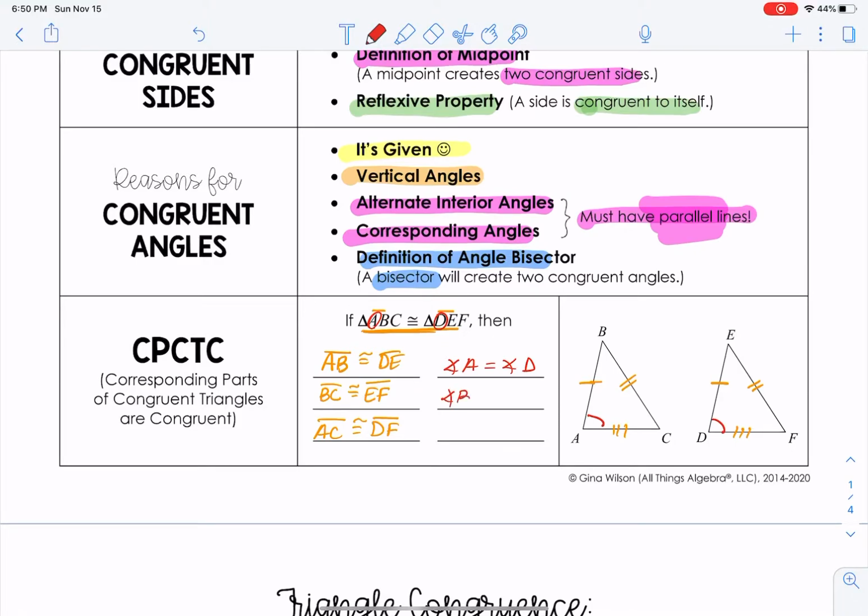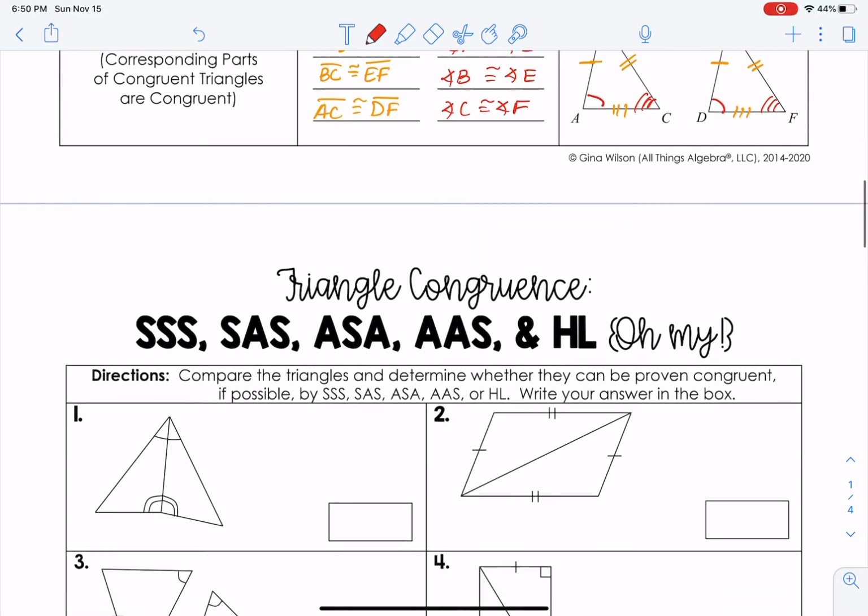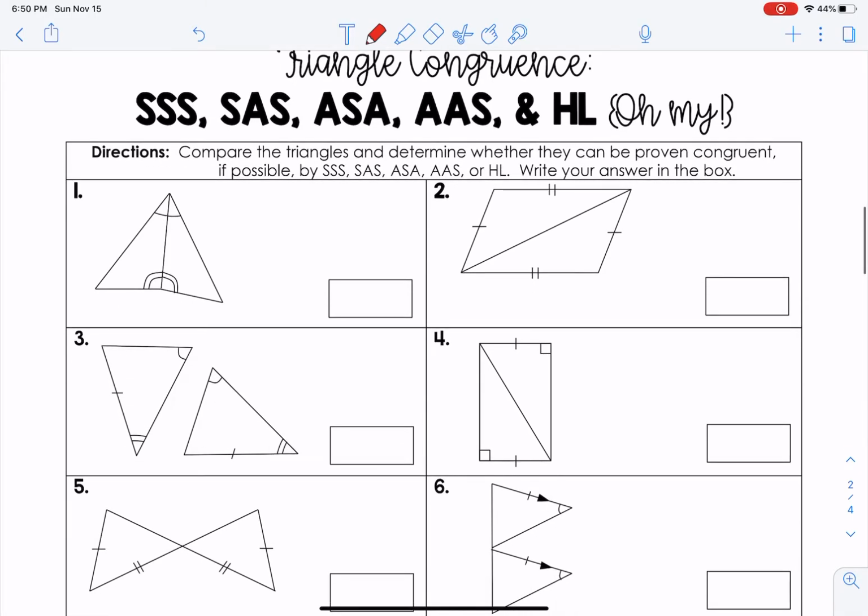I know angle B is congruent to angle E. And I know that angle C is congruent to angle F. So these are all things that we've talked about as how to prove congruency and statements about that. So let's look at some examples.